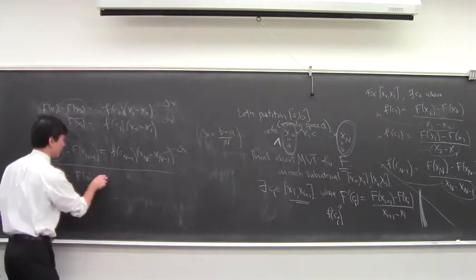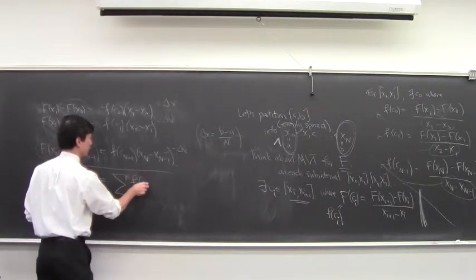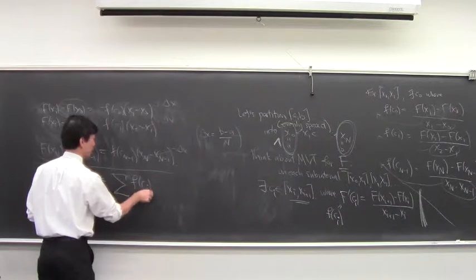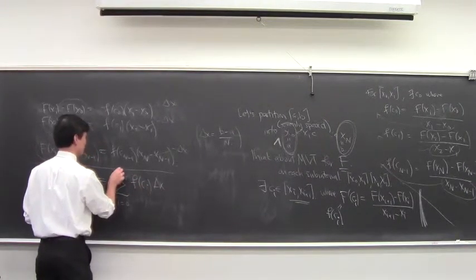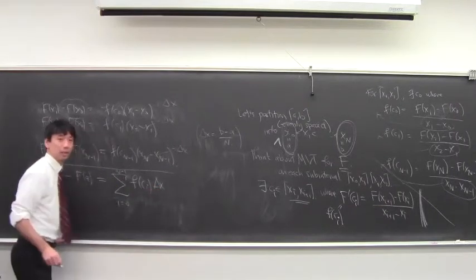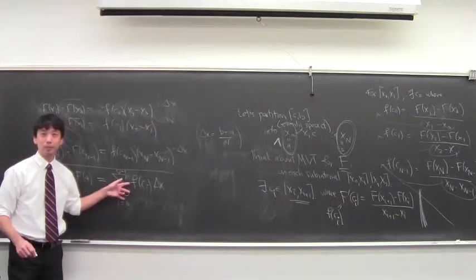Now on the right-hand side, what you get is the sum of f'(c_i) delta x from i equals 0 to n minus 1. What is that?